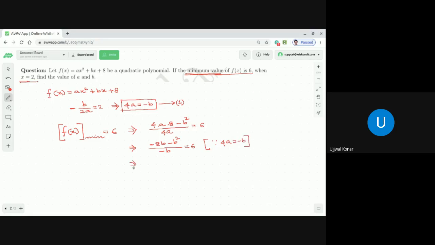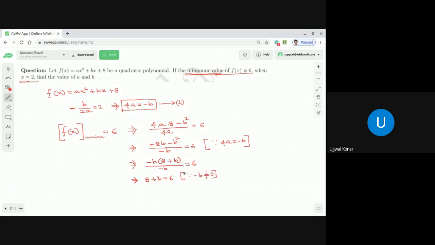So we can take minus b common, and then we get (8 plus b) divided by minus b... that is, 8 plus b is equal to 6, since minus b cannot be equal to 0.